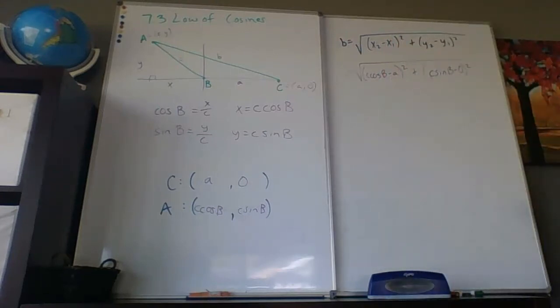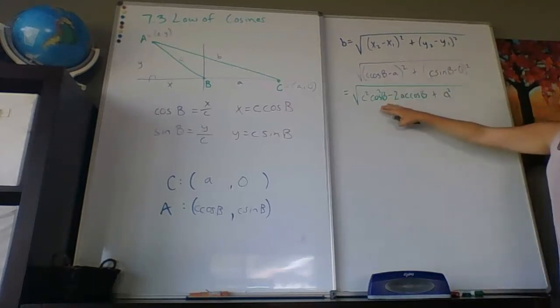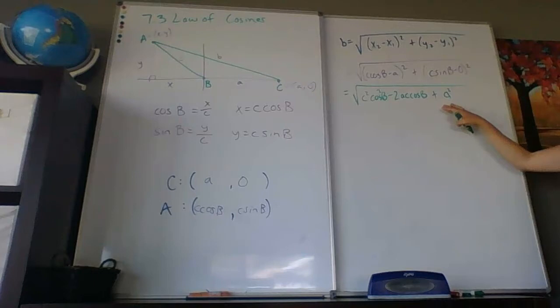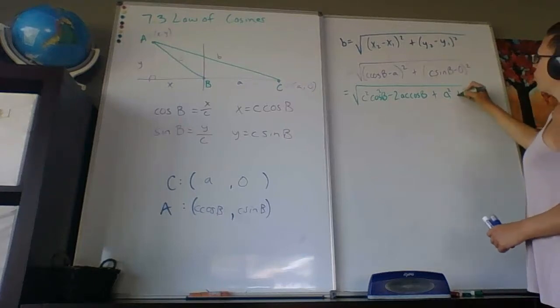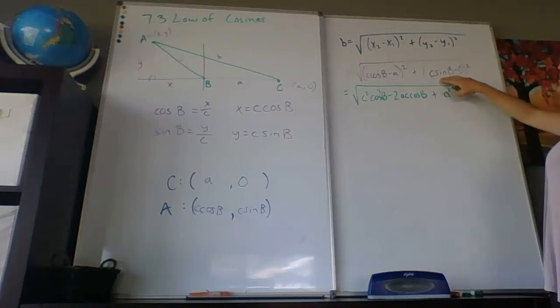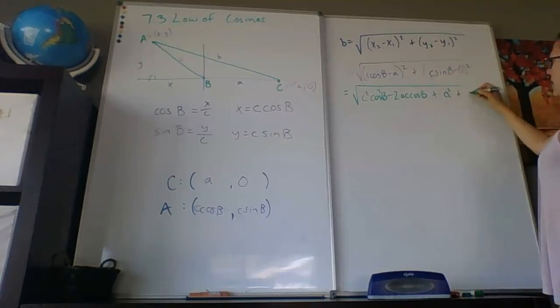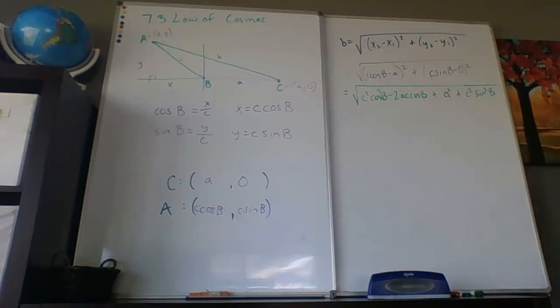Now we will go ahead and square out each of these terms. On the left, we multiply it out to get a perfect square trinomial. On the right, this just ends up being C squared and sine squared of B. So we get the square root of C squared cosine squared B minus 2AC cosine of B plus A squared plus C squared sine squared of B. You might notice that there are two terms with a C squared in them, so let's put those together.